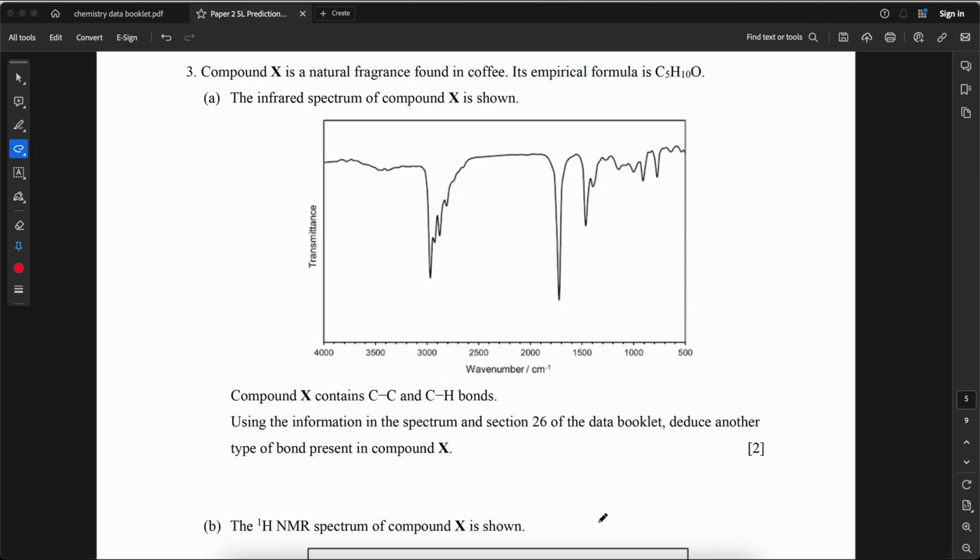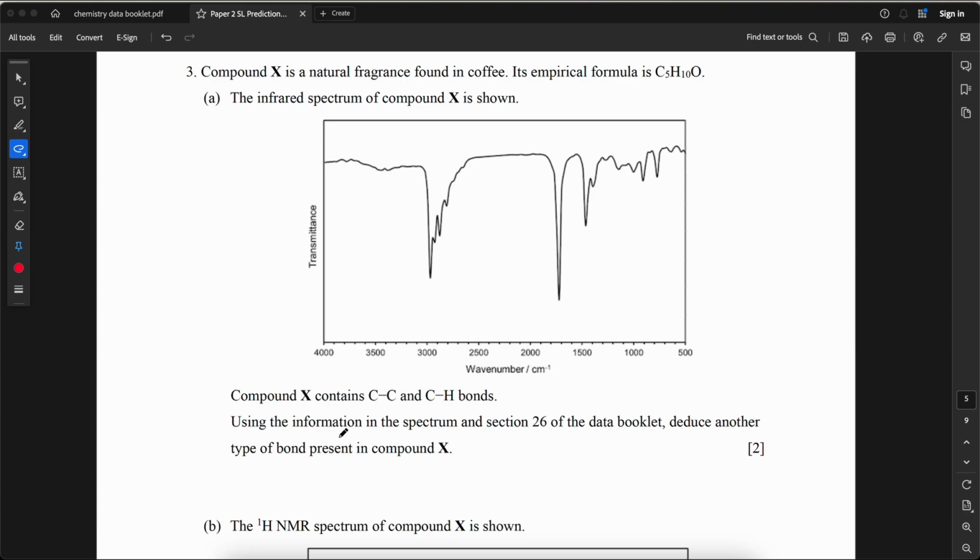Compound X is a natural fragrance found in coffee. Its empirical formula is C5H10O. The infrared spectrum of compound X is shown. Compound X contains C single bond C and C single bond H bonds.